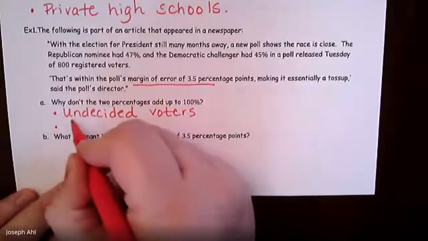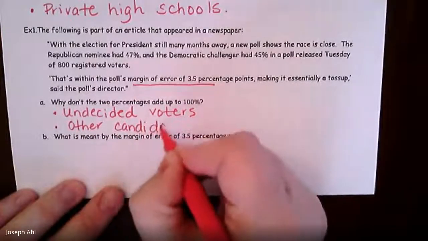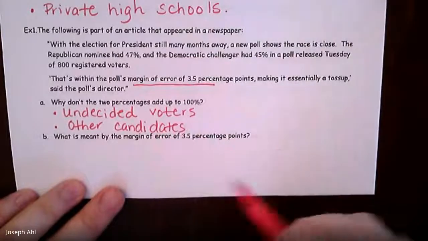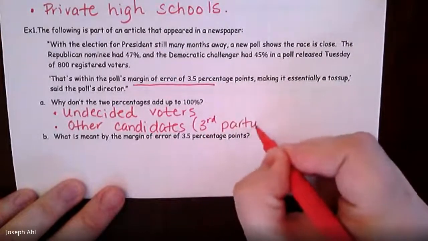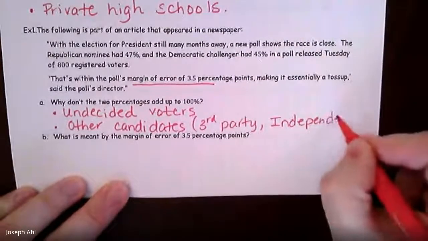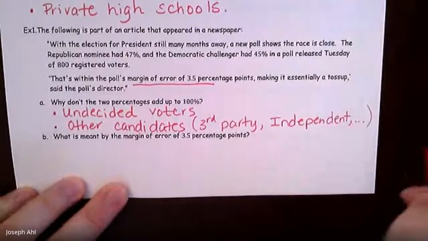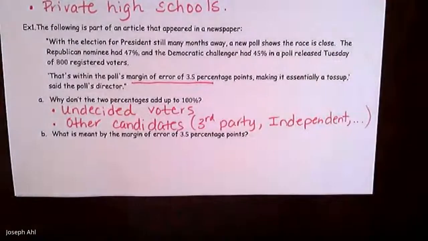And then the other part is that there are other candidates who run for the presidency other than Republicans and Democrats. Those would include third party candidates, maybe an independent candidate. There are a lot of other types of parties that are not as popular or as common as the Republican and Democratic parties, but they're out there. So maybe there are some people who decided to list that when they were responding to the poll.